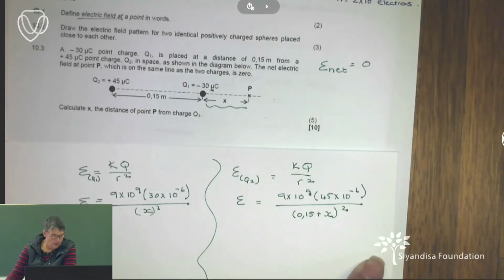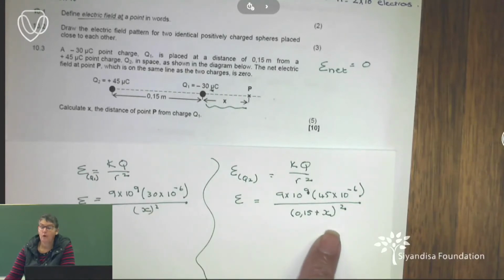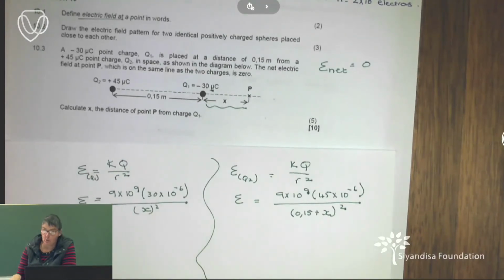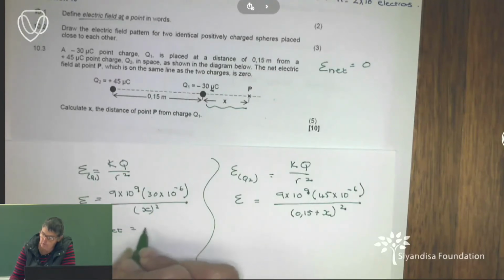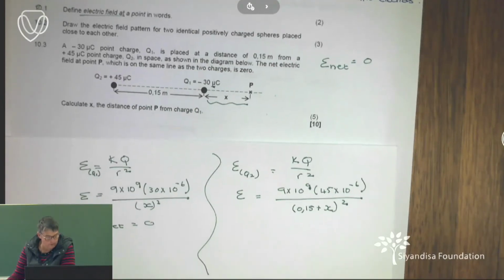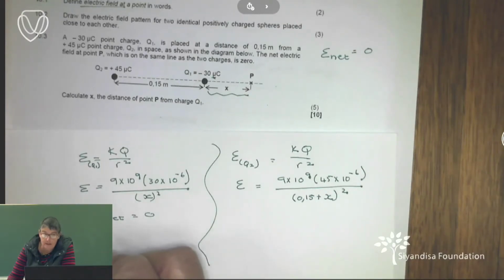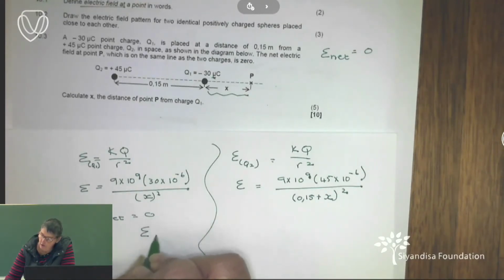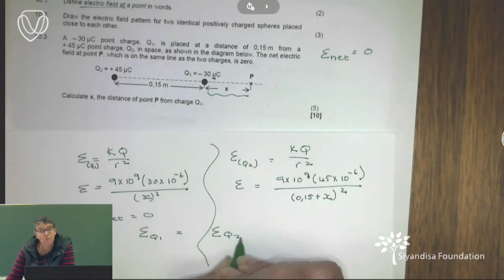Okay, so now I can either go and work this out, or I can just equate them, which is what I'm going to do. I'm going to remind myself here that right in the beginning I said E net was equal to 0. Okay, therefore, it means that E of Q1 must be equal to E of Q2.